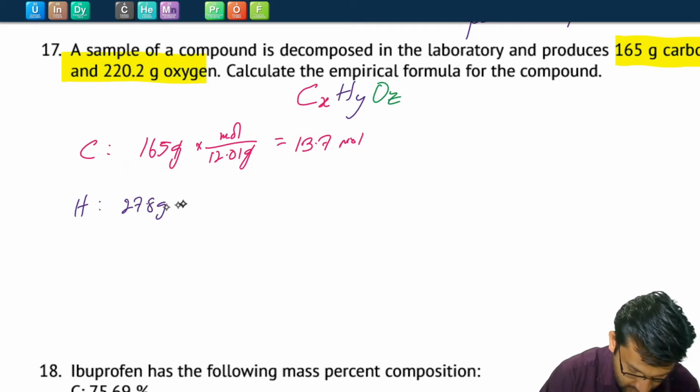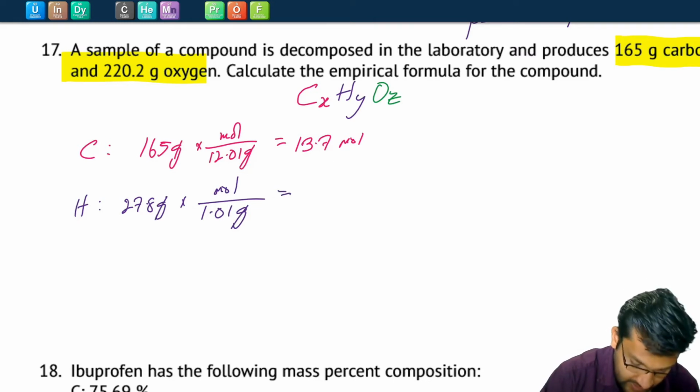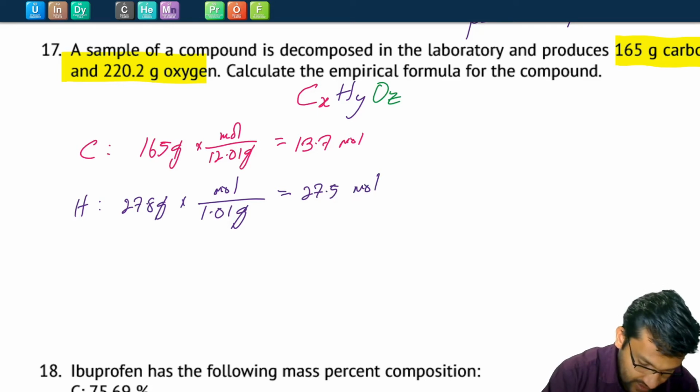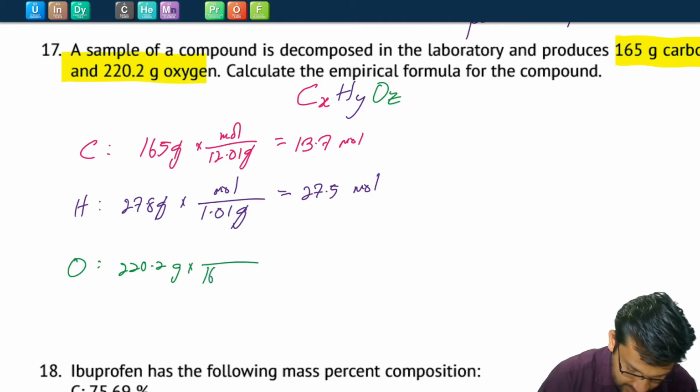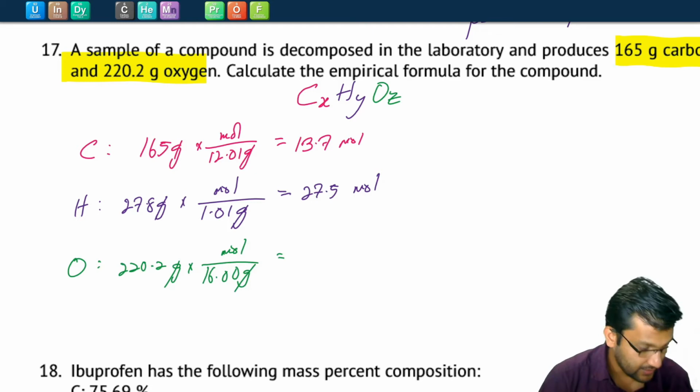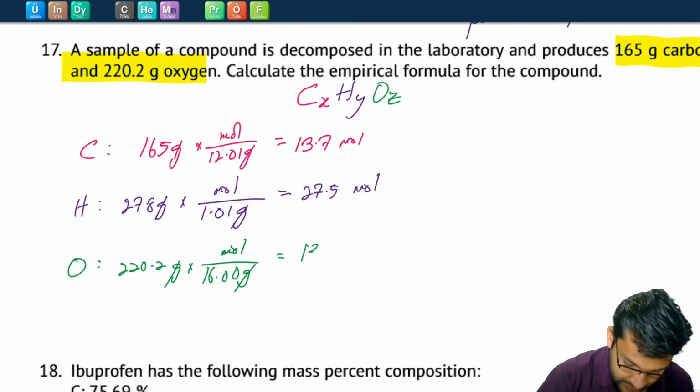The molar mass of hydrogen is 1.01 grams per mole. So that should give us 27.5 moles. And then finally for oxygen, we started with 220.2 grams. The molar mass is 16.00 grams per mole. And so if we do that math, we end up with 13.76 moles.